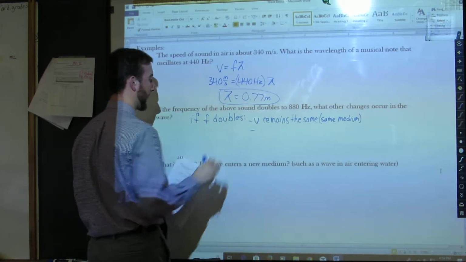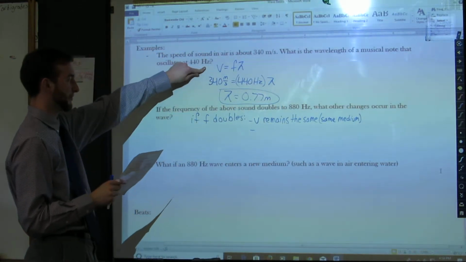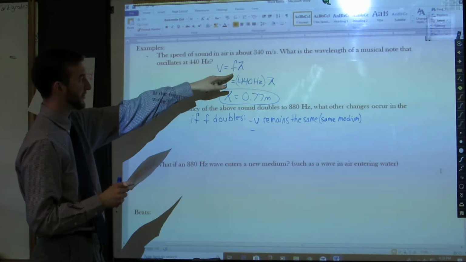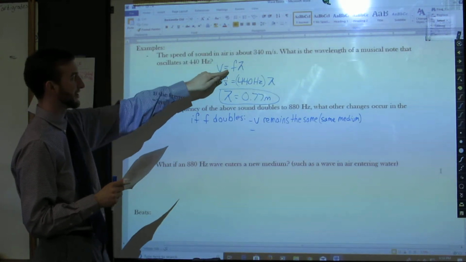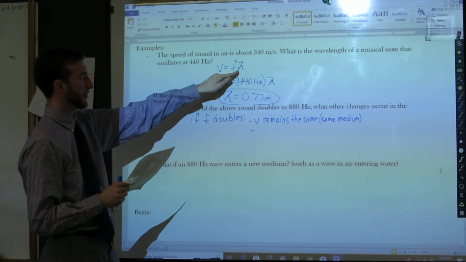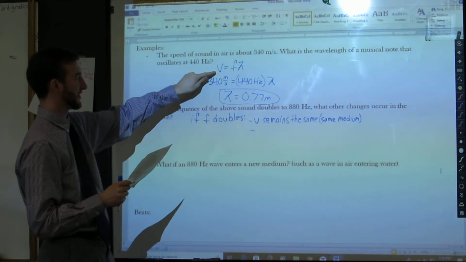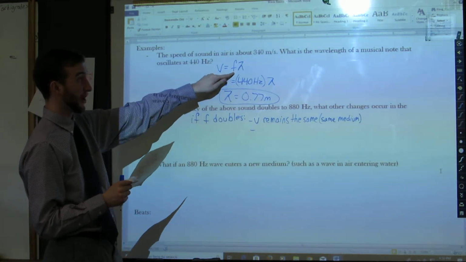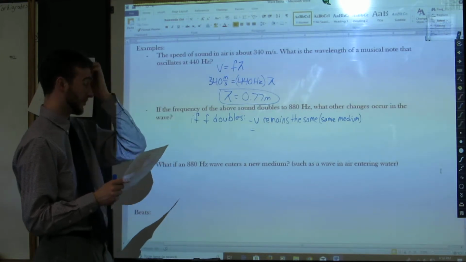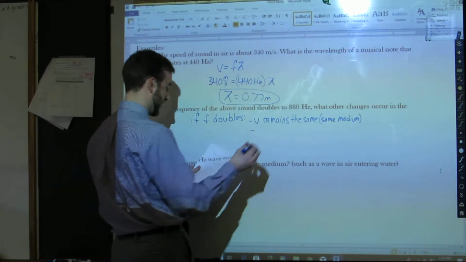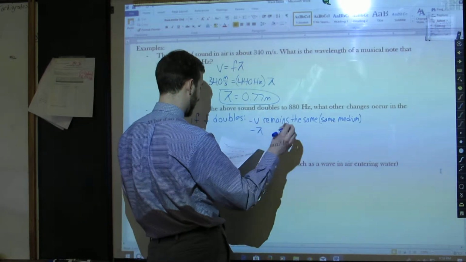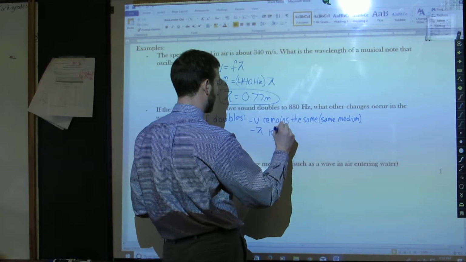However, looking at this equation, if the frequency doubles, but v stays the same, in order for the right-hand side to still be equal to the left-hand side, this is constant, this goes up, it doubles, the wavelength has to decrease. And more specifically, the wavelength must get cut in half. It is halved.